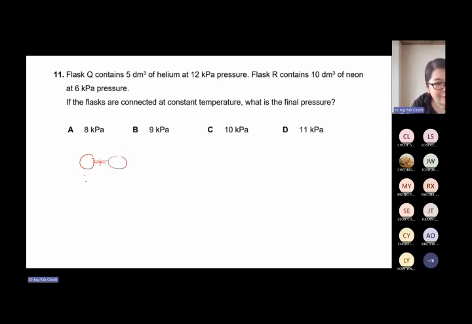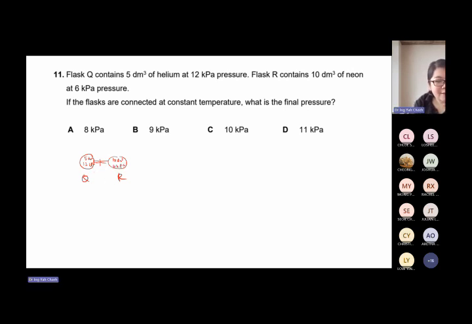Here I have Q and R: 5 liter, 12 kilopascal; I should have drawn it bigger, 10 liter, 6 kilopascal.